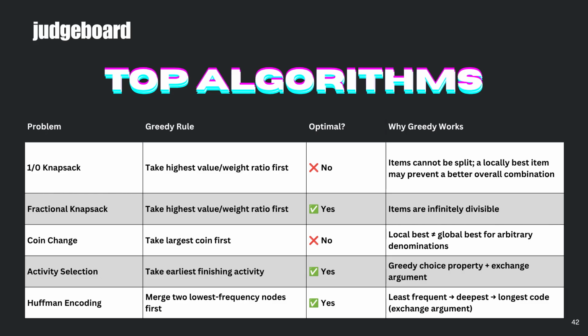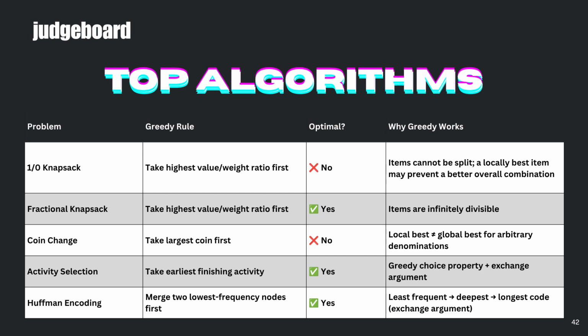Now that we have covered Huffman encoding, let's see how all the greedy problems in our series compare in the judgeboard of the week. We saw that we can't use greedy for 0/1 knapsack because items cannot be split, resulting in a locally best item preventing a better overall combination. So we need to use dynamic programming for that.